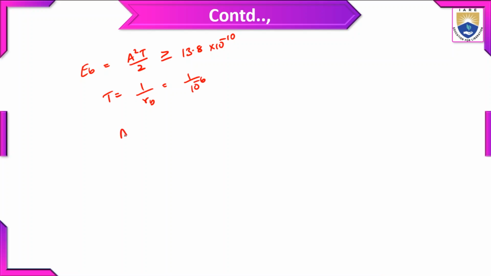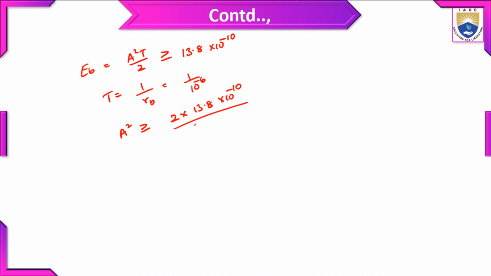So finally, A square is greater than or equal to 2 into 13.8 into 10 power minus 10 divided by T, where T is 10 power minus 6.